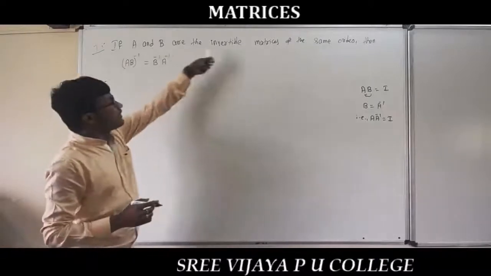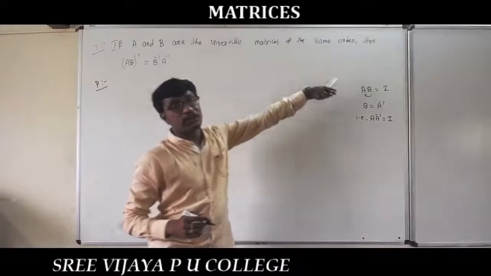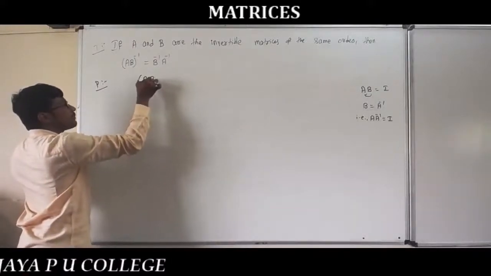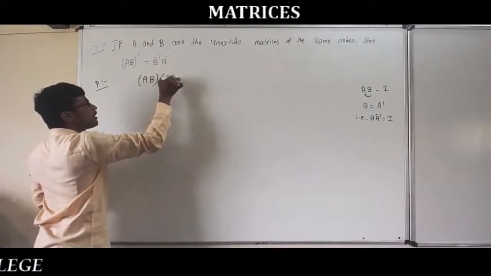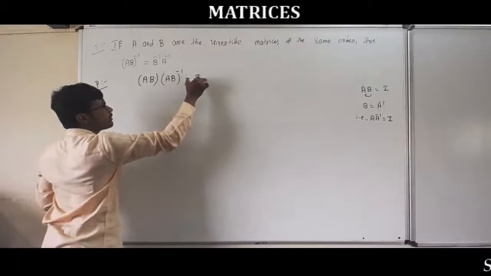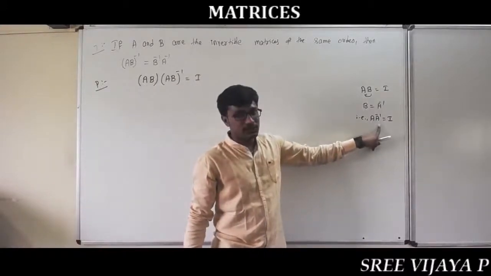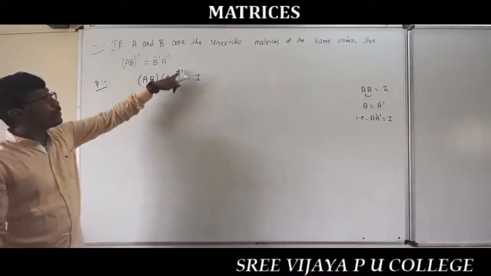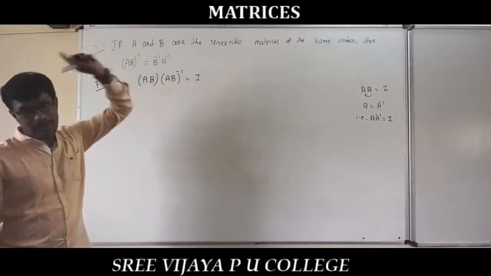Let A and B be invertible matrices. For the matrix AB, AB into AB whole inverse will be equal to the identity matrix. AB is a matrix, AB whole inverse is the inverse of that AB. If you multiply those, you will get the identity matrix.